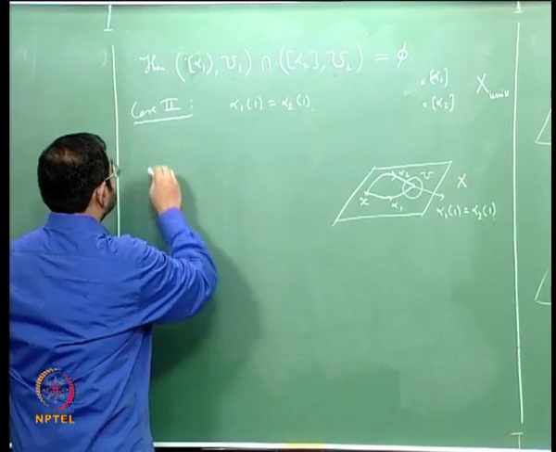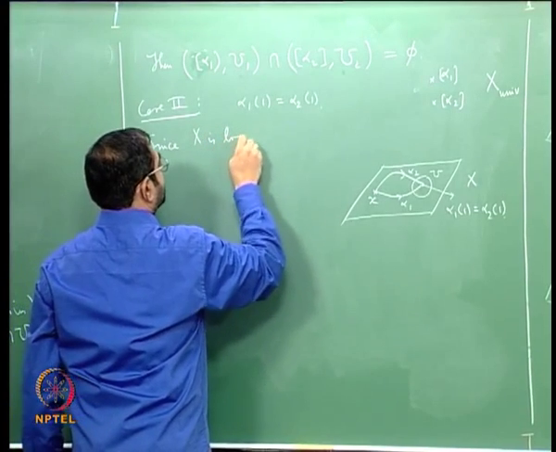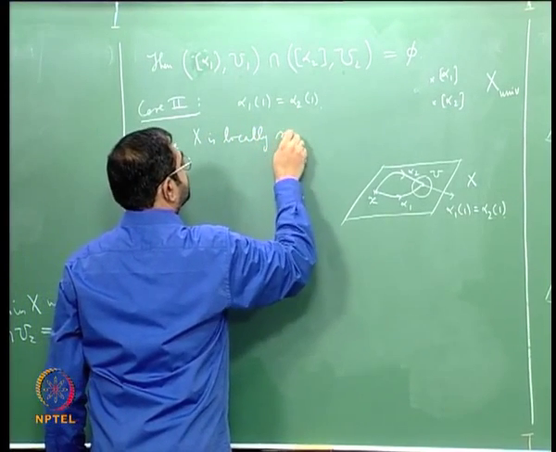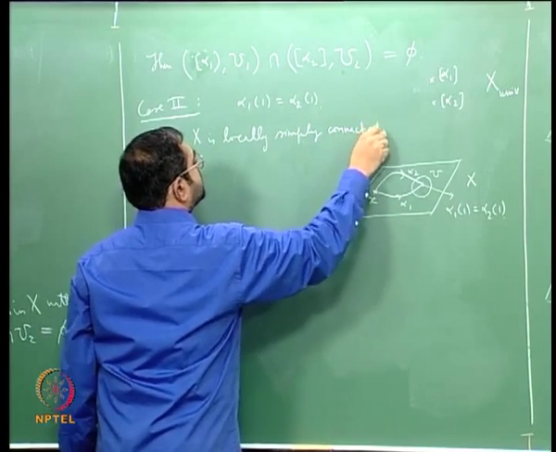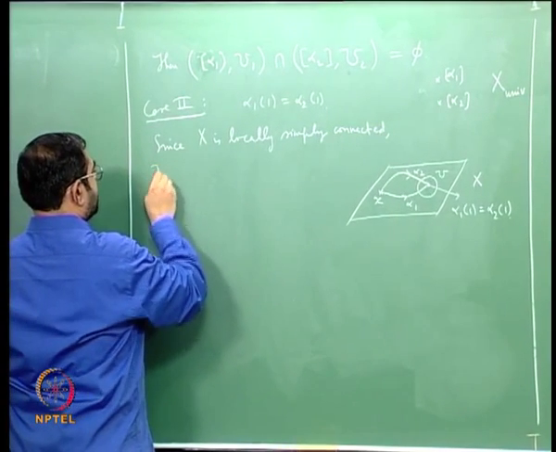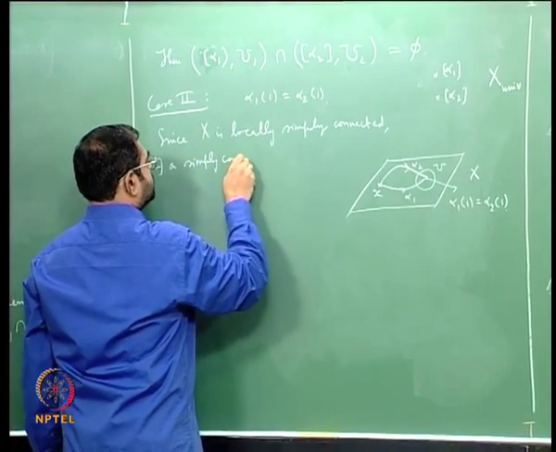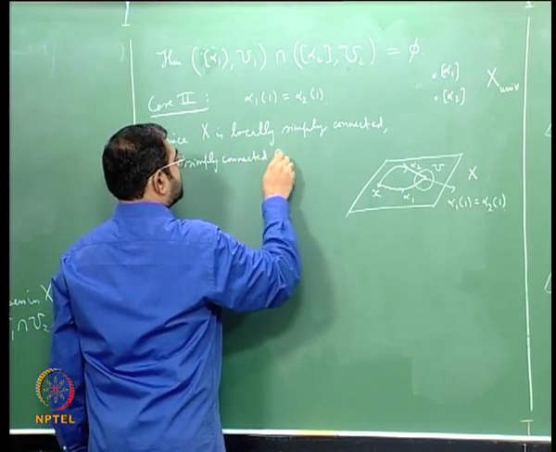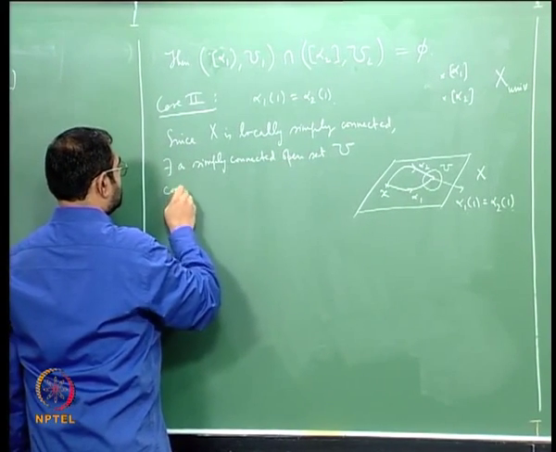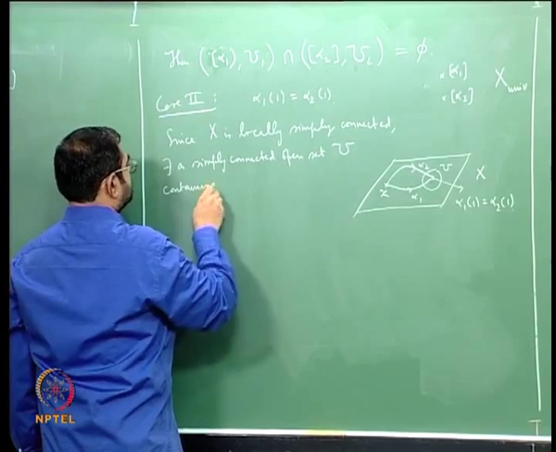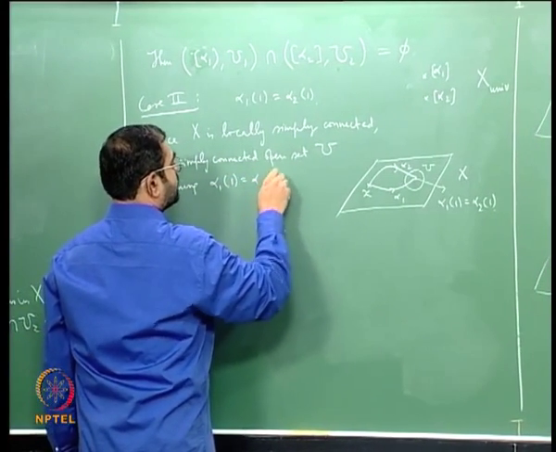Okay, choose, since capital X is locally simply connected, there exists a simply connected open neighborhood U containing alpha 1 of 1, which is equal to alpha 2 of 1.